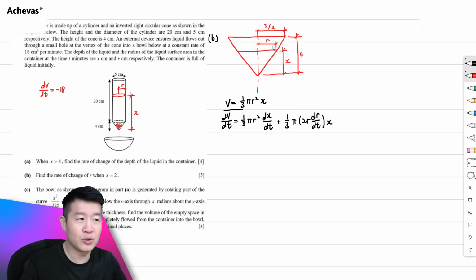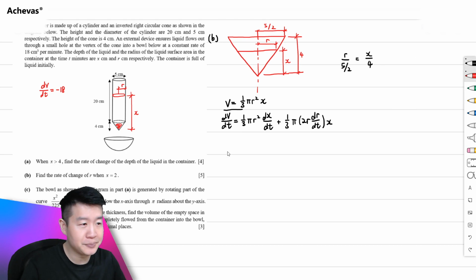Of course, you can try to make x the subject by using similar triangles. For example, r over 5/2 is going to be equal to x over 4. Make x the subject, substitute into here, then do a dV/dt, that is fine also. But let's say I do it this way.